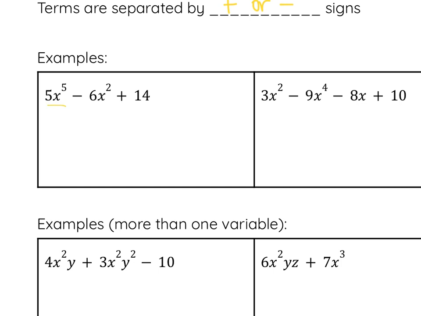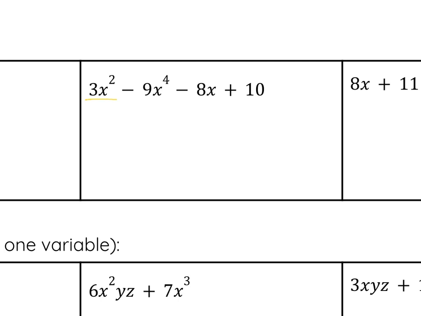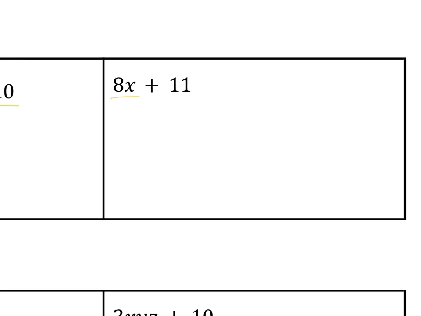We have 1, 2, 3 terms here because they're separated by those plus and minus signs. For this next one, there are 1, 2, 3, 4 terms. Terms are separated by plus and minus signs. And for the last one, we have 1, 2 terms. Terms are separated by plus or minus sign.